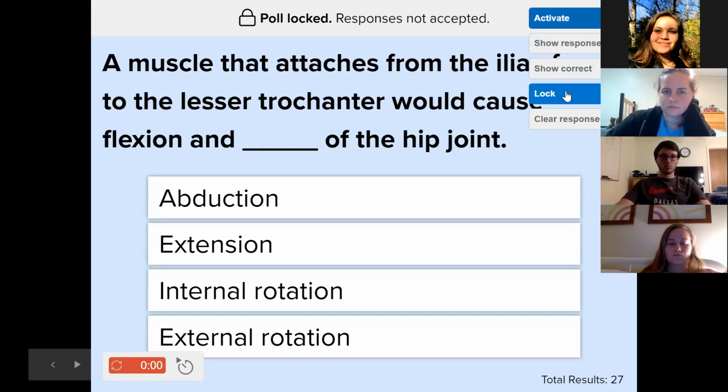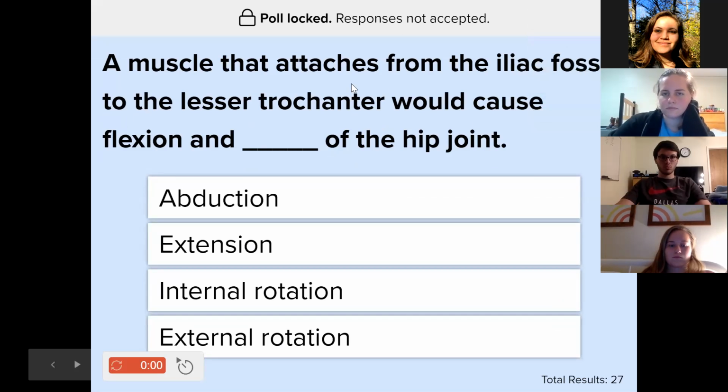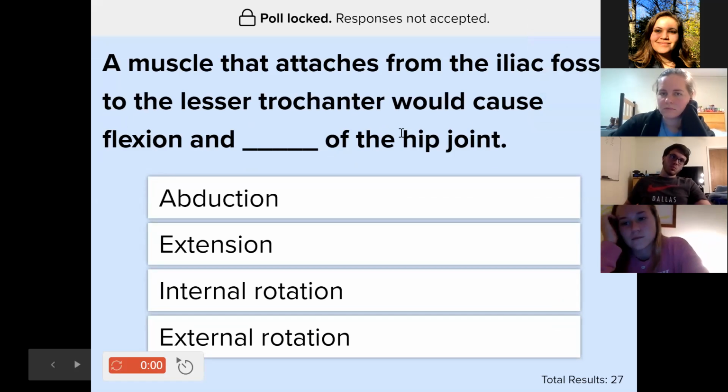There we go. Okay, so a muscle that attaches from the iliac fossa to the lesser trochanter would cause flexion and blank of the hip joint. So if you're wearing long pants, this is even better. I'm wearing shorts, so it's not going to be the greatest, but go ahead and if you would like, stand up and let's try to demonstrate this. So our iliac fossa is going to be this little depression that's in our ilium.